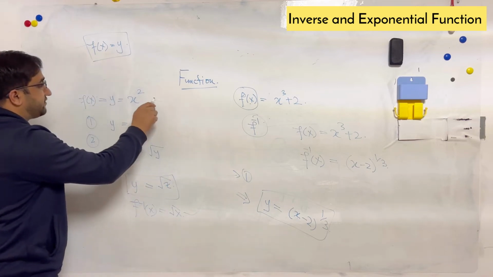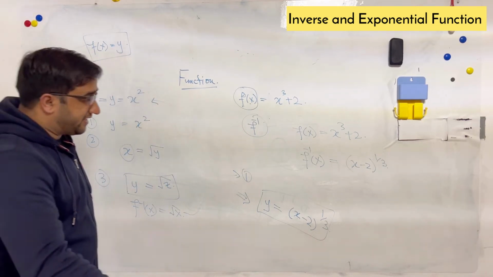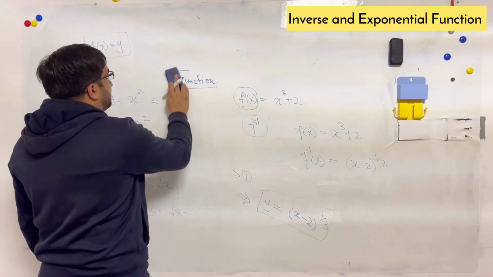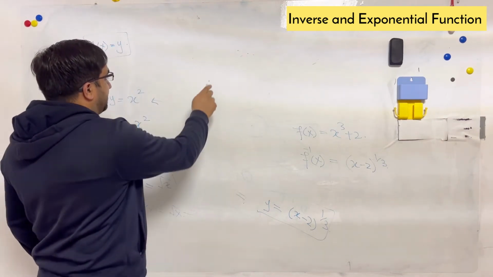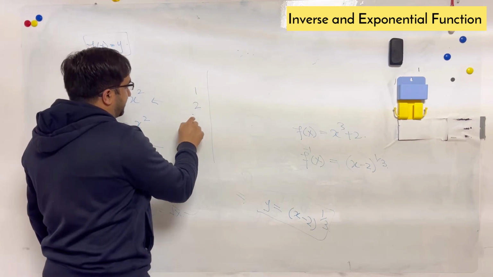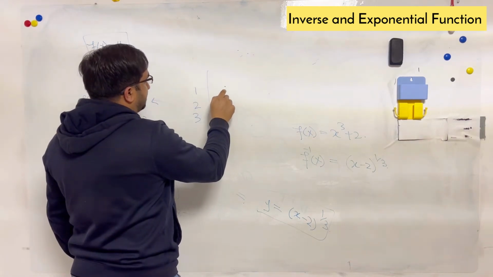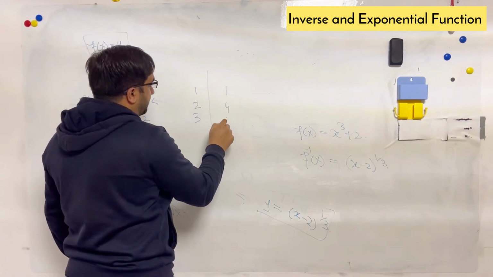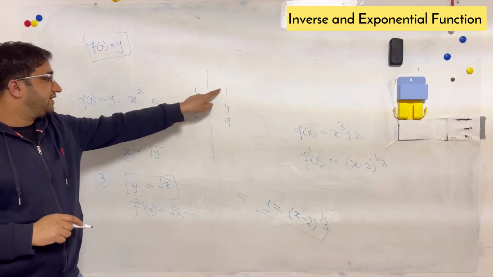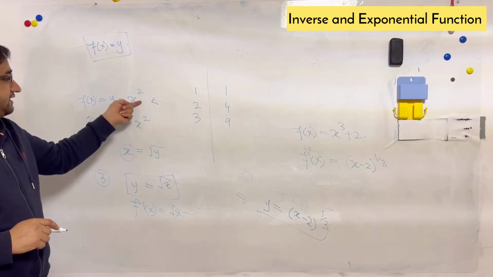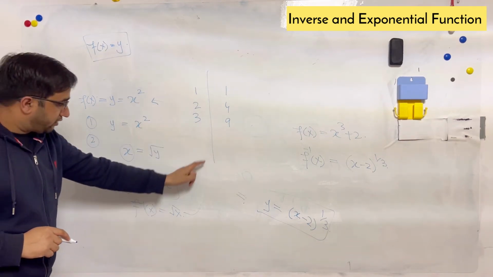Now, you can check very easily for the same parabola function. If I have, for example, these 3 inputs, the outputs will be 1, 4, 9. When you put 1 into this function, you get 1, 2 gives you 4, 3 gives you 9. Now go back.